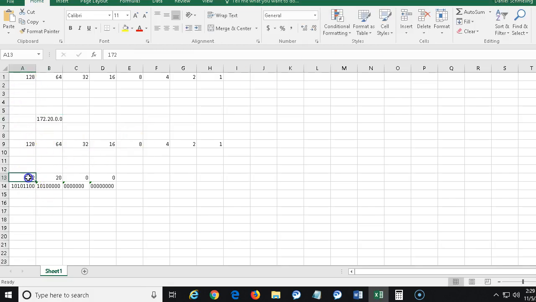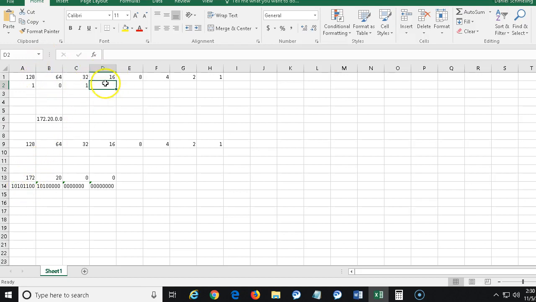We want to take the number 172 and find, in this order, how many 128s are in 172. There's 1. 128 plus 64 would be 192, which is over 172, so we can't put that in there, so that's a 0. 128 plus 32 is 160, so that's a 1.